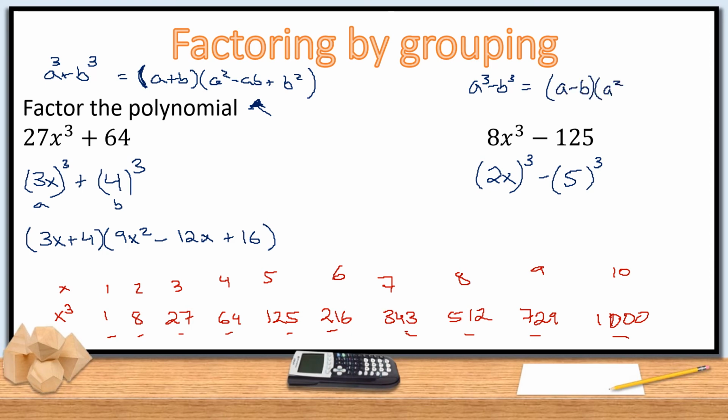So a squared plus ab plus b squared. So that would be 2x minus 5 times 4x squared plus 10x plus 25. And that's our factored form. That's it. Done.